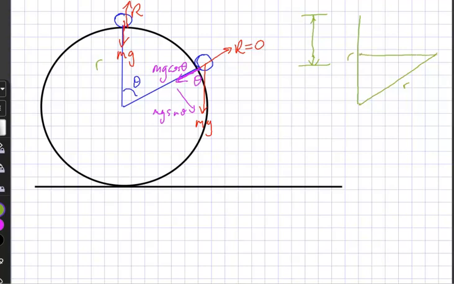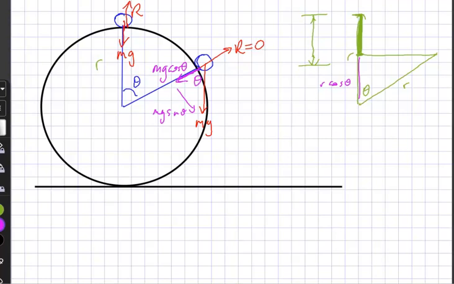So how can we describe this distance here? If we appreciate that this is theta here, then this adjacent side is going to be r cos theta.